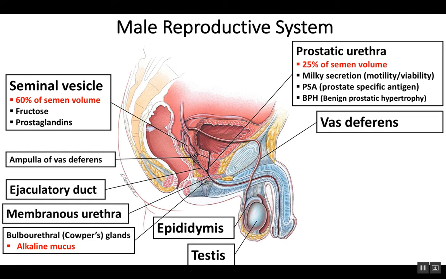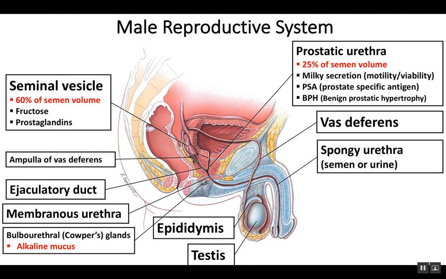And that mucus is alkaline, and that alkalinity is going to help make sure the pH is appropriate. There can be some acids in the urethra from urine, so urine is usually acidic. So you have to neutralize that acidity. The vagina is also acidic. So semen is alkaline, and that helps neutralize any acidity.